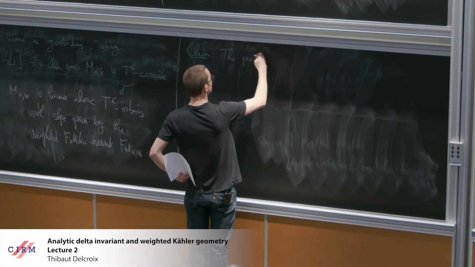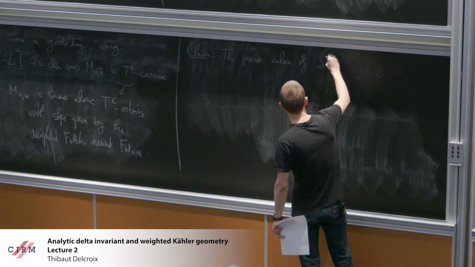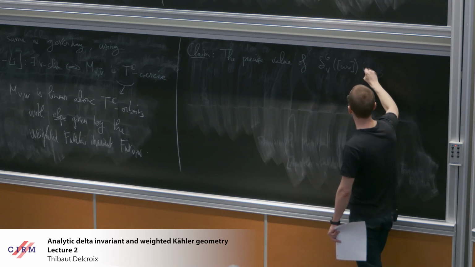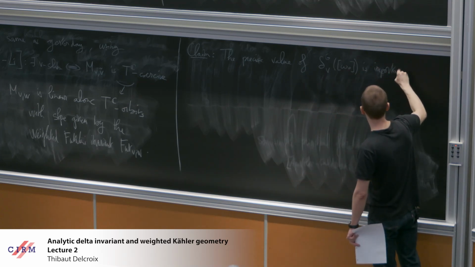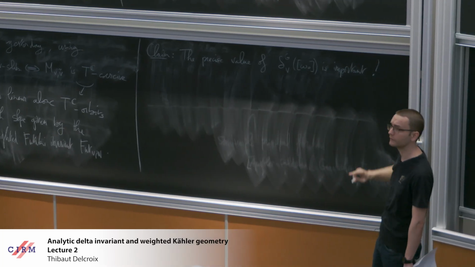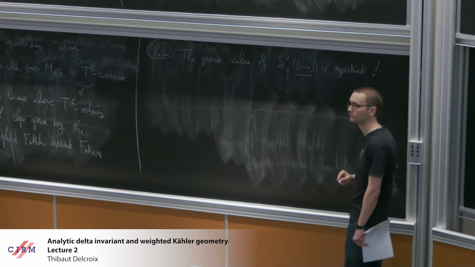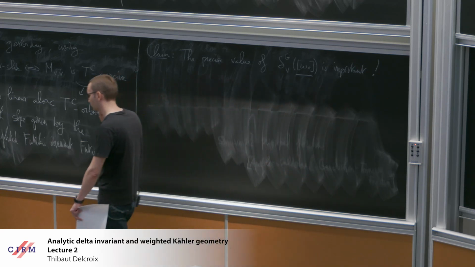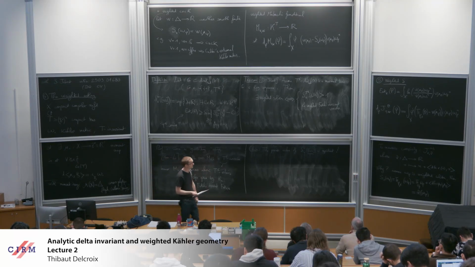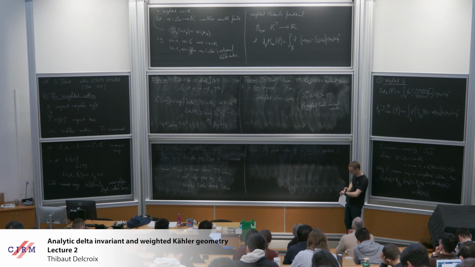The precise value of delta is important, not only the fact that it is strictly bigger than 1 or not. And also I put really omega 0, not only C1 of X. I'm claiming this is important for other classes. So we'll see other variants, not the analytic version. Why? We'll have other illustrations of this, but let me give two.